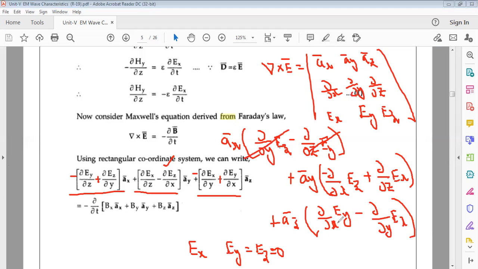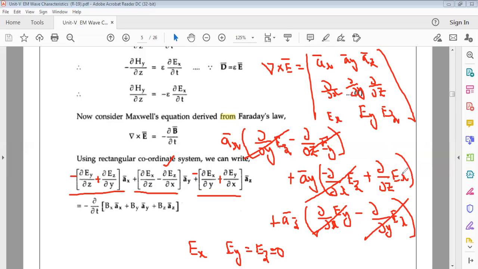Ez is also 0. Got it, my dear students? And again, the magnetic field and the electric field are not varying with respect to y. So wherever dou by dou y is there, it is not varying with respect to y. It varies only with respect to z.